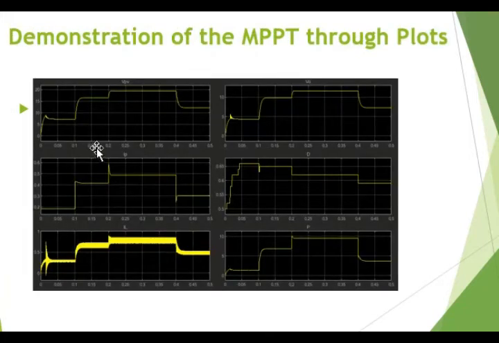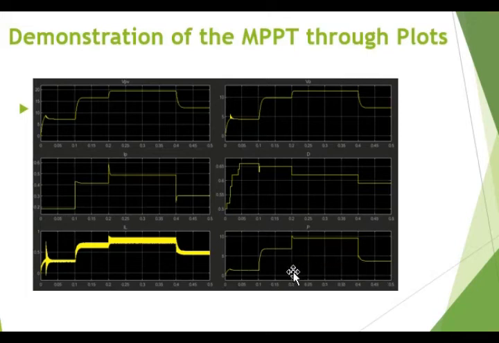Here are the results. This is the PV module voltage, current, load current, the duty ratio and the power. Initially at this stage, this is the power of the PV module. The solar irradiation is at 0.3 kilowatt per meter square, meaning around 0.3 ampere photovoltaic current. Then the irradiance changed to 0.7 kilowatt per meter square, or 0.7 ampere.